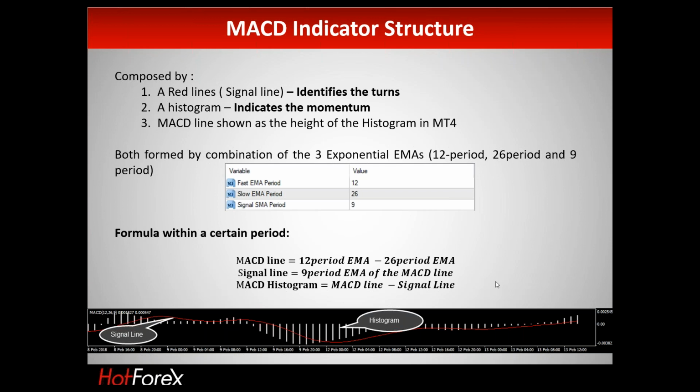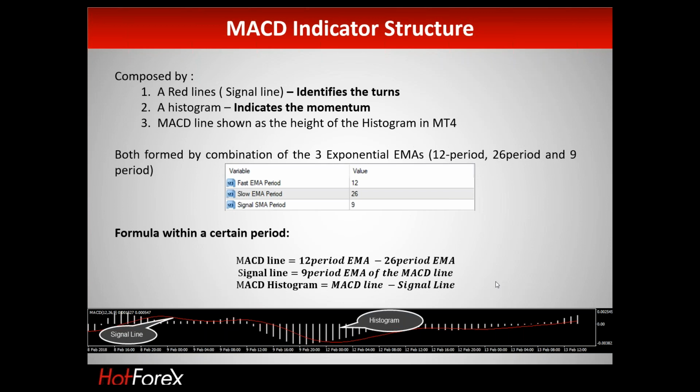If you see the calculation, the MACD line is the 12-period exponential moving average minus the 26-period exponential moving average. The signal line, which is our red line, is a 9-period exponential moving average of the MACD line.